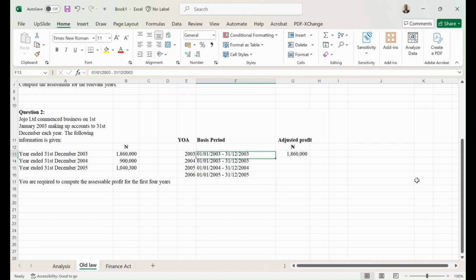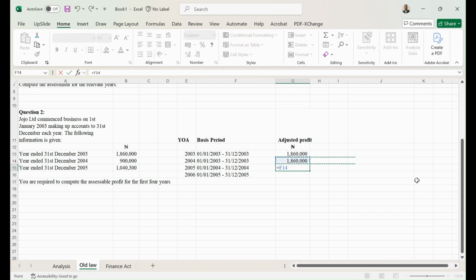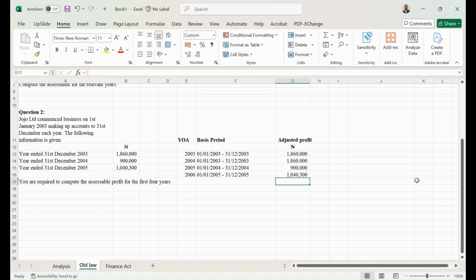Now, the second basis period is exactly the first basis period, so it is equal to 1,860,000. Then the third basis period is exactly the same as this basis period here, equal to 900,000. Then this is exactly similar to that, which is 1,040,000. You see, you already master how to compute basis period under the old law.